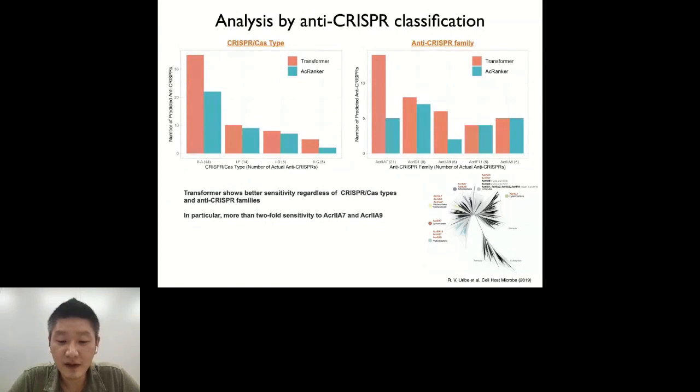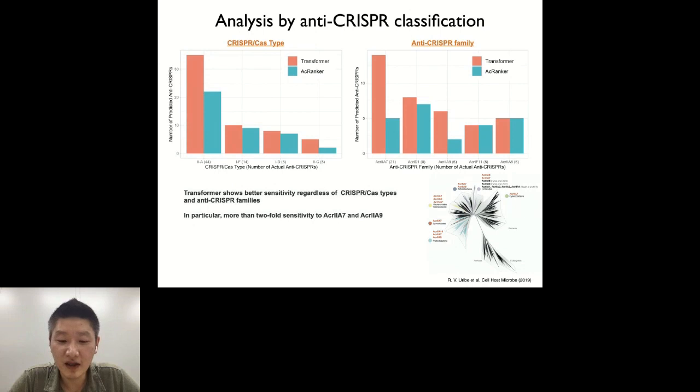The performance difference according to the anti-CRISPR classification was compared. The transformer model outperformed the existing method for almost all inhibited CRISPR-Cas types and anti-CRISPR families. In particular, the sensitivity to AcrIIA7 and AcrIIA9 families increased more than twofold.